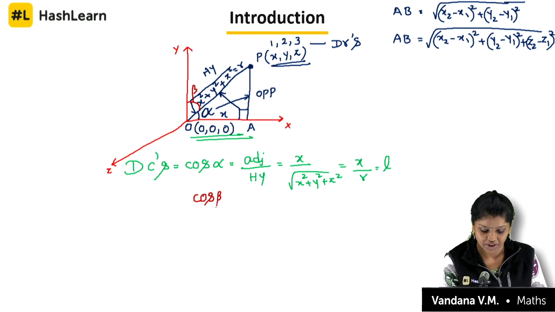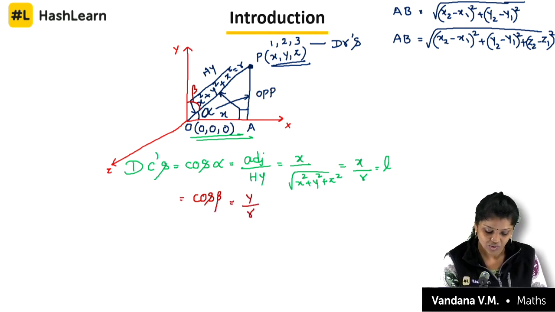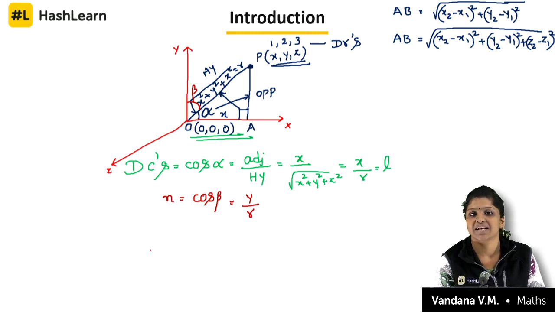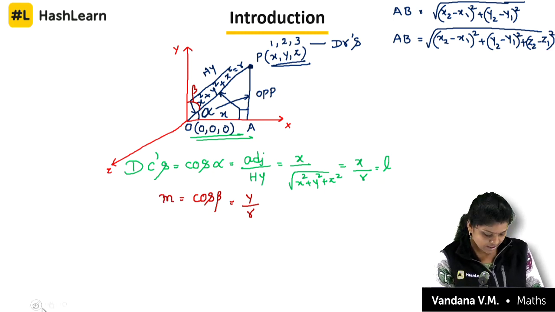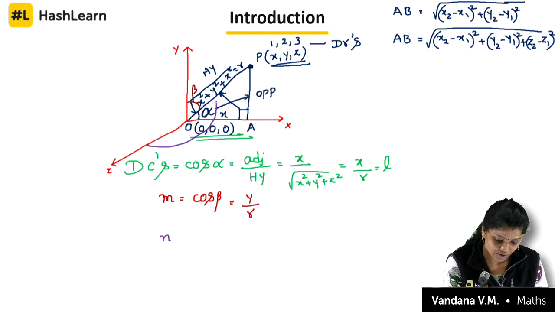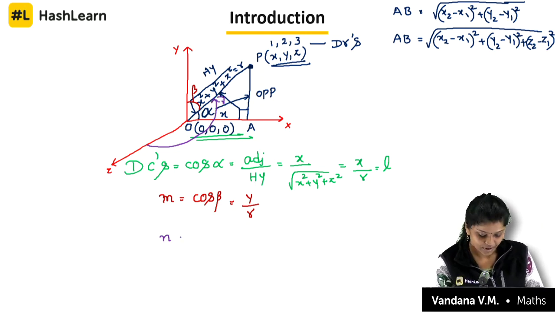Cos beta, same thing, adjacent by hypotenuse, that is y by r. So we represent it as M. In the same way, the angle from the z-axis, you imagine it is making some gamma angle. Cos gamma is equal to z by r.